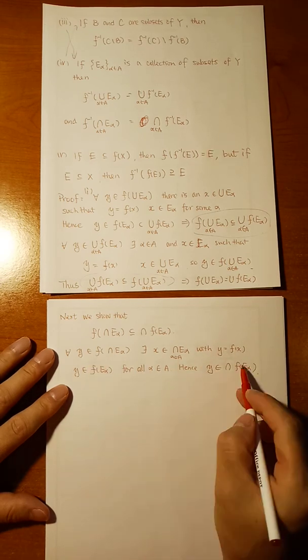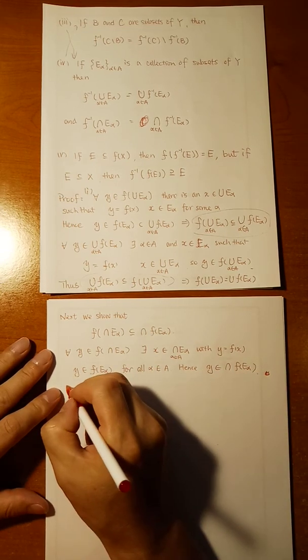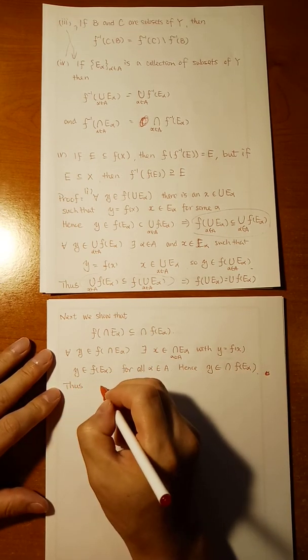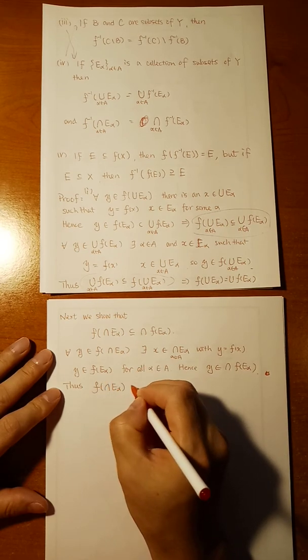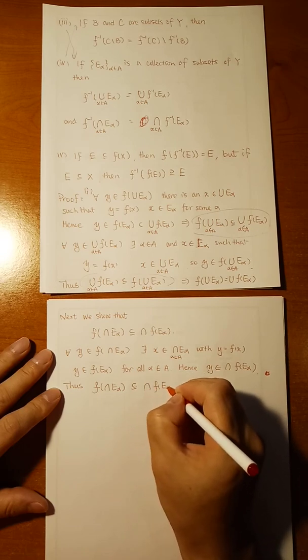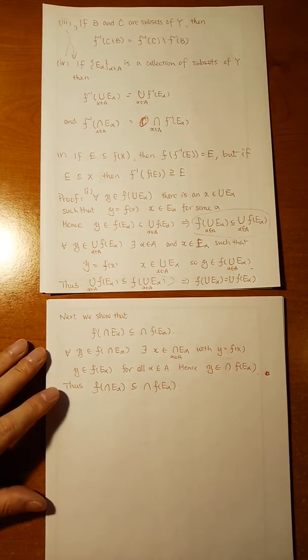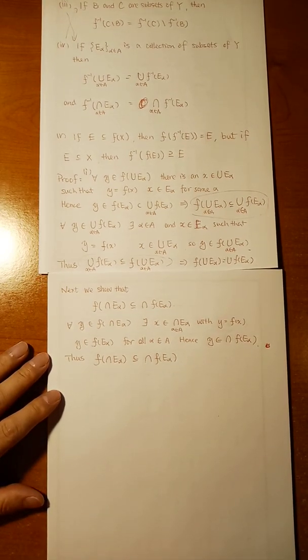So we finish the proof. Thus, the image of the intersection is a subset of the intersection of the images.